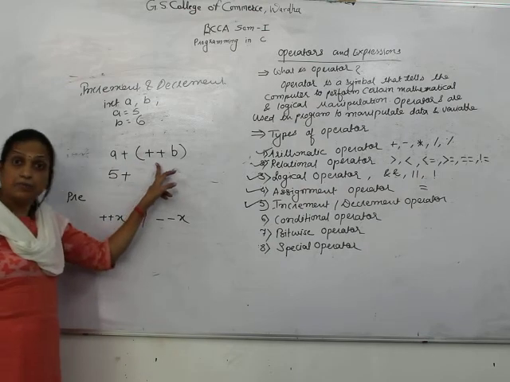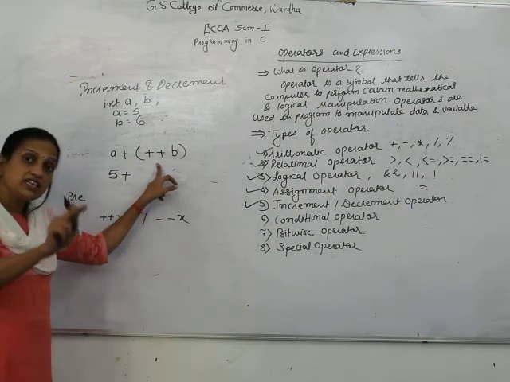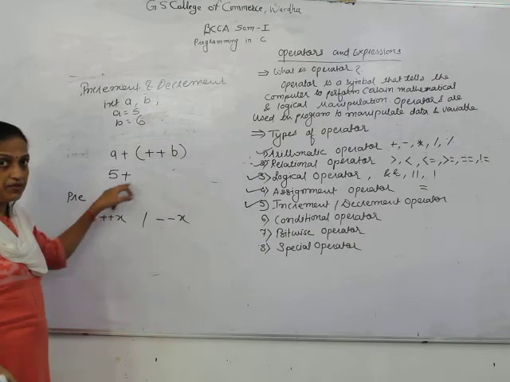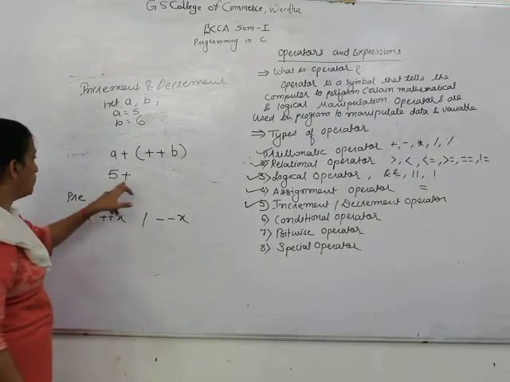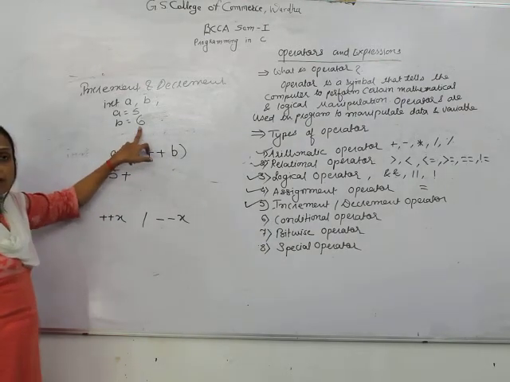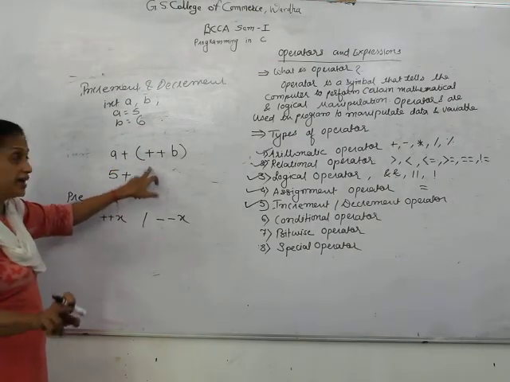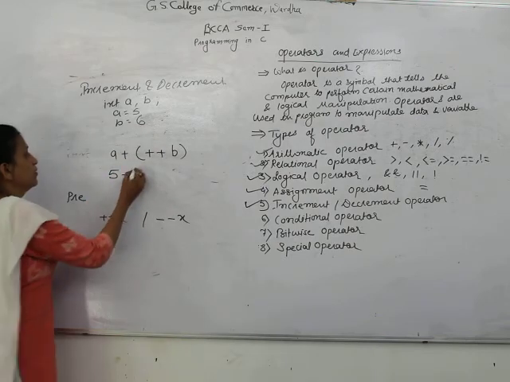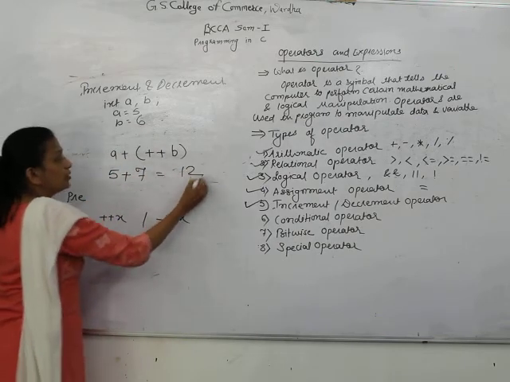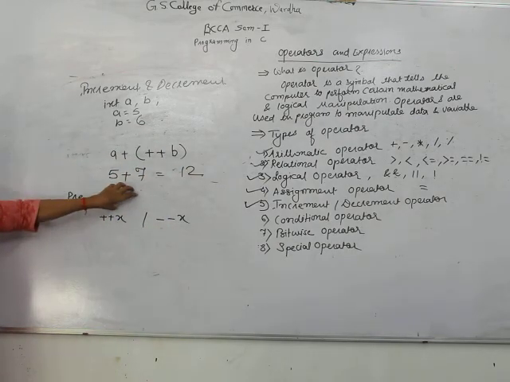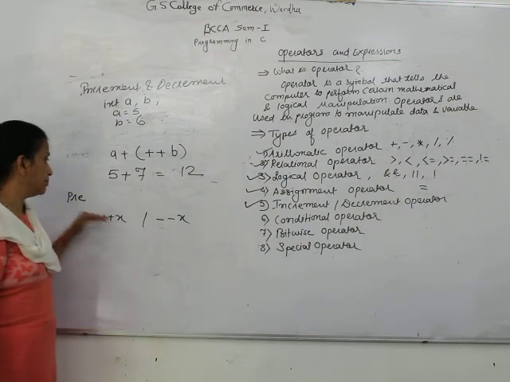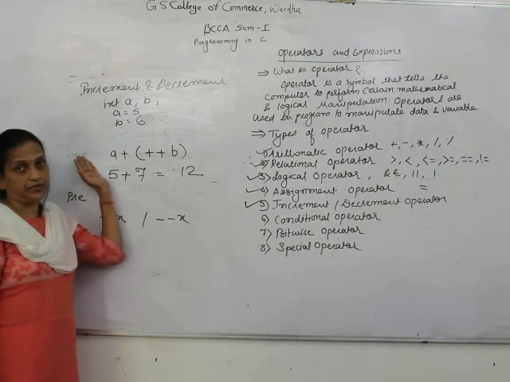It is pre-increment, which means first it increases and then it uses the value. So first b is increased by 1, that is it becomes 7, and the result you will get is 12. I hope you understand pre-increment and post-increment.